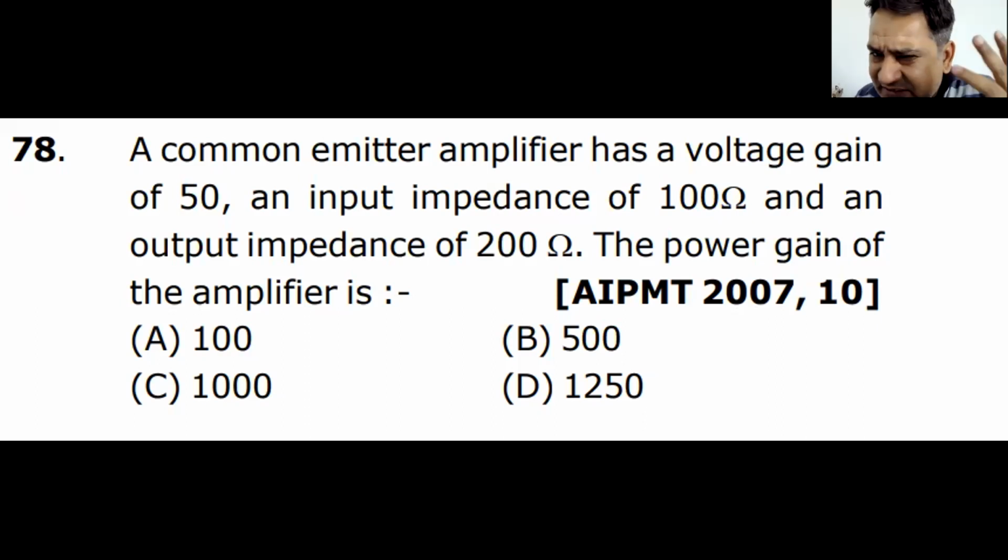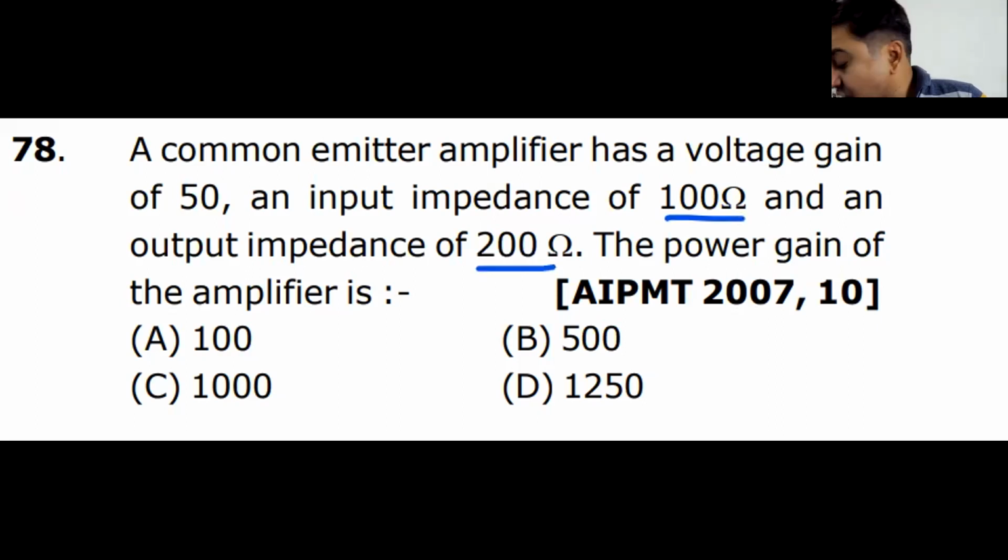Impedance is nothing but resistance. We will study impedance in AC, and that is the next topic that we are going to do. Don't worry about that. We will cover it. The input resistance for now is 100. Output resistance is 200. Can you now tell me the value of power gain and get 10 marks and stay happy always?